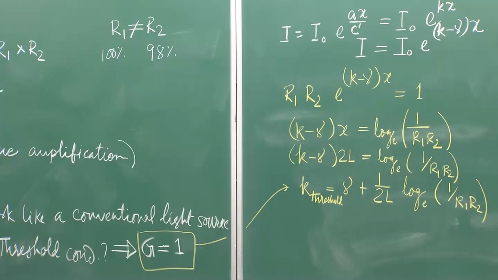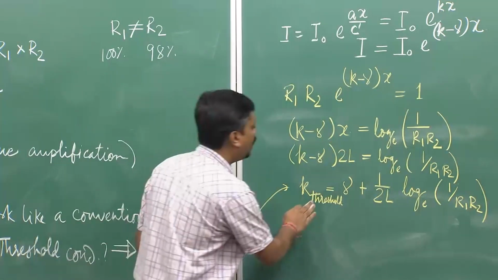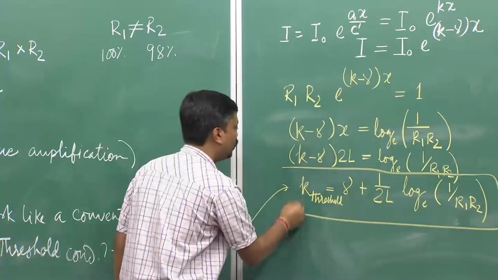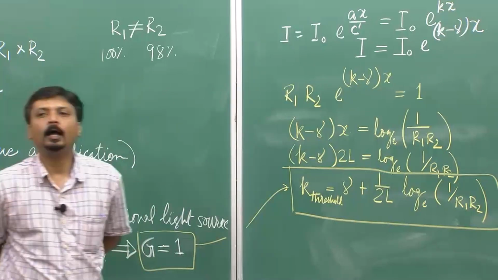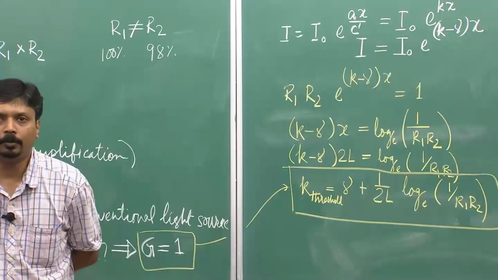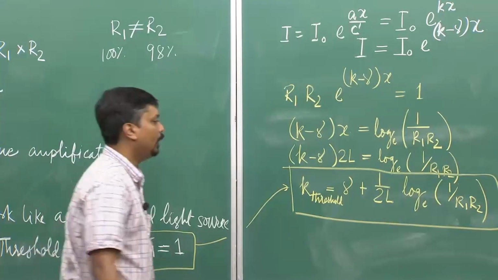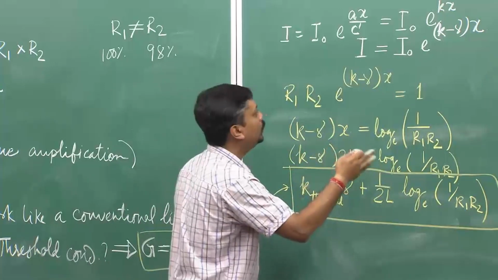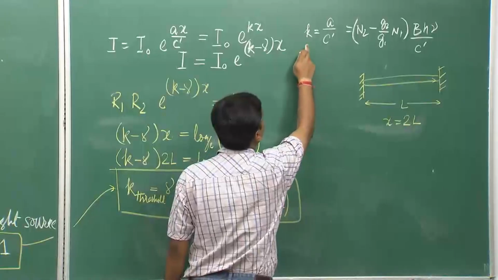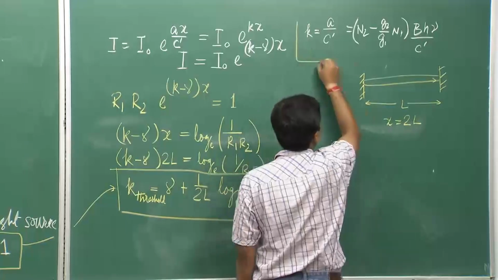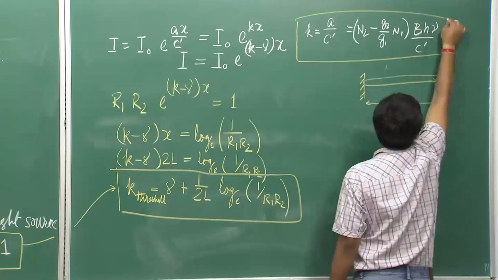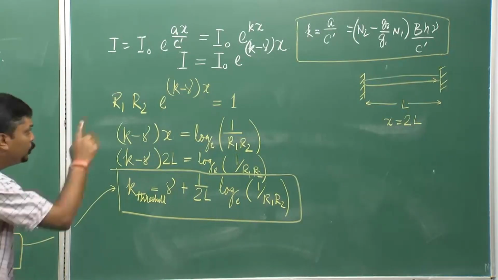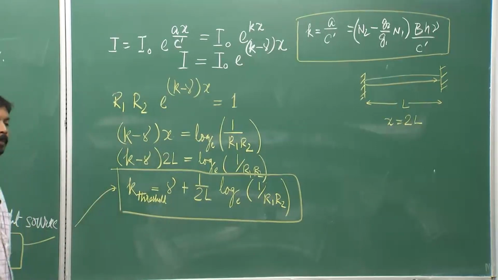Now, what do I need to do so that I get finally a laser output? What I need to do is to do something so that this k, which is my small signal gain coefficient, should be greater than this one, right.